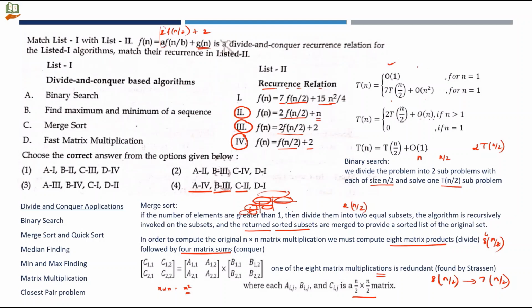So I am trying to map the Master's theorem complexity along with this recurrence relation so that you can compare it and understand it. By the way, where is this recurrence relation explained? It is actually explained in discrete mathematics books. That's why I wanted to map it with Master's theorem. We can map fast matrix multiplication to option 1 in list 2, D1. Option number 4 will be the right answer.